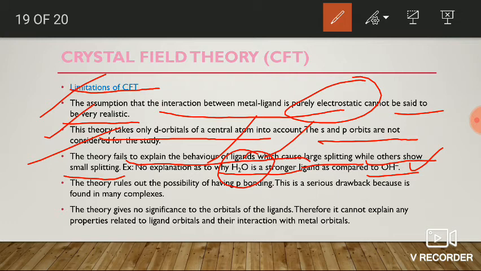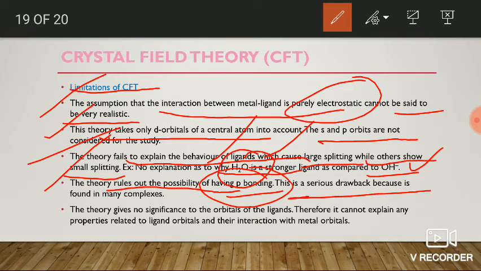Next, the theory rules out the possibility of having pi bonding. It rules out the formation of pi bonding, which is a serious drawback because pi bonding is found in many complexes, but the theory does not give any explanation about this.